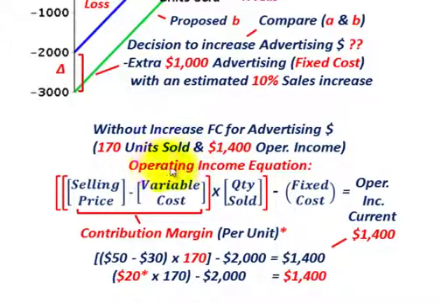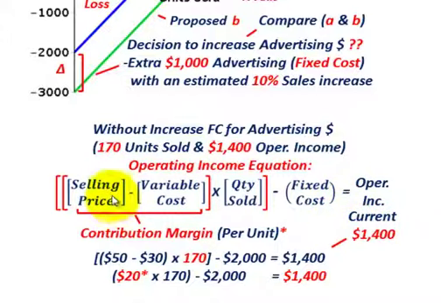This is the operating income equation: your selling price minus your variable cost, times the quantity sold, less your fixed cost. You have to subtract out your fixed cost. That's going to give you your operating income, and currently we're looking at $1,400.